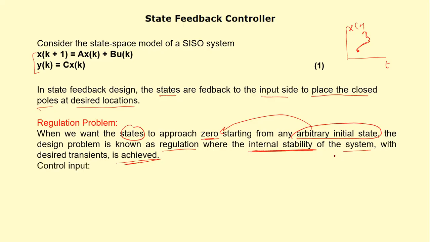Now in this, the control law that is used is u(k) = -K x(k). So this is, let us say, equation number 2.